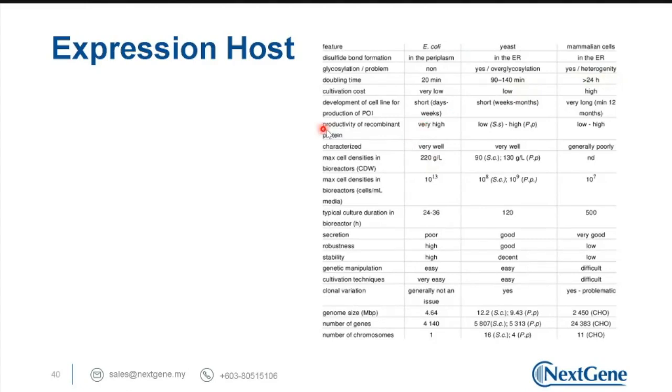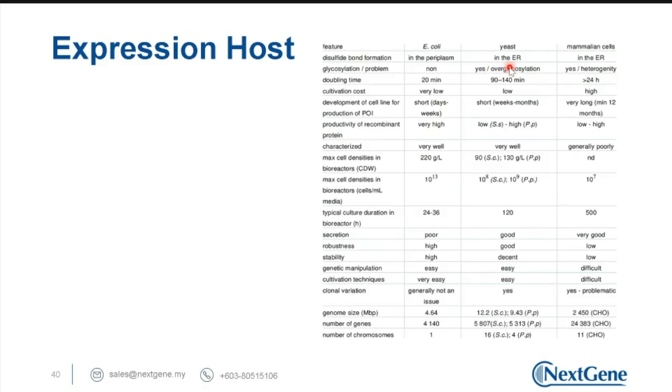So the productivity of recombinant protein for E. coli host cell is very high. This one is low, high. This one is okay. However, there are some advantages of using yeast cell and mammalian cell. For example, they are able to create disulfide bonds or post-translational modification on your protein of interest.